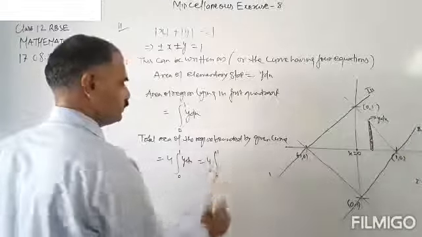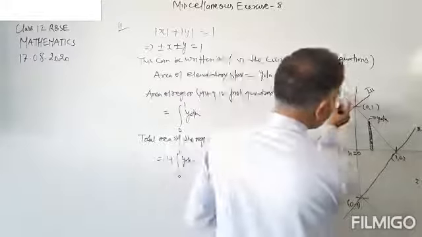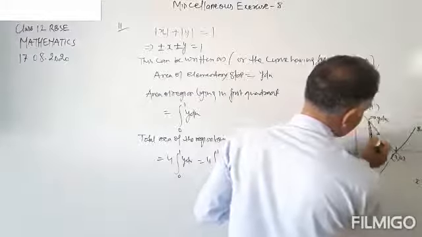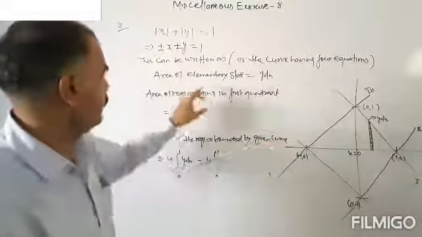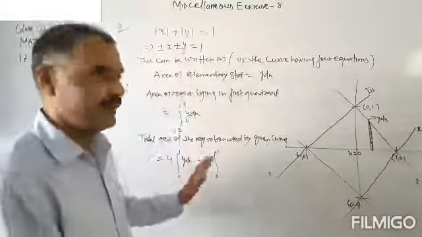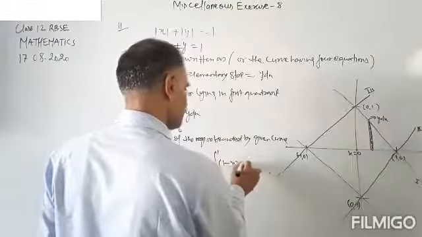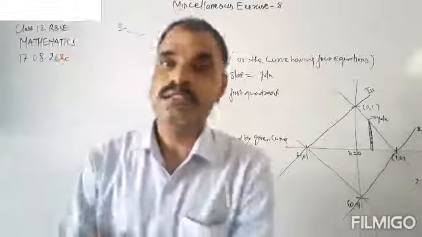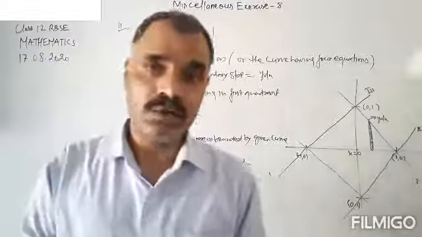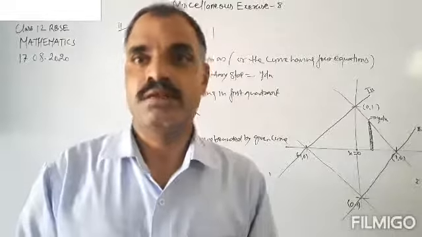Here y is taken from this line, which is the first line. So y equals 1 minus x, giving the integral of (1 minus x) dx. This is the total area of the region bounded by the given curve.